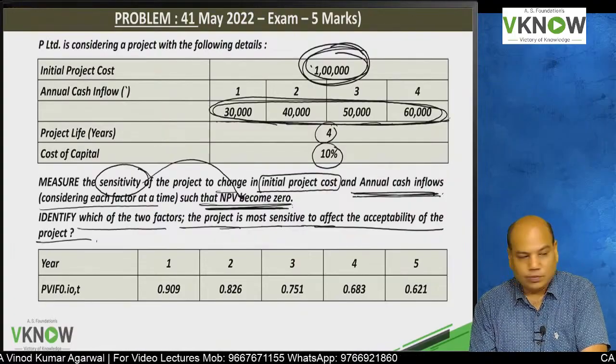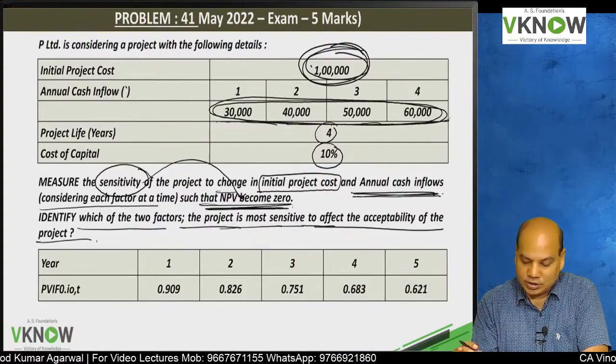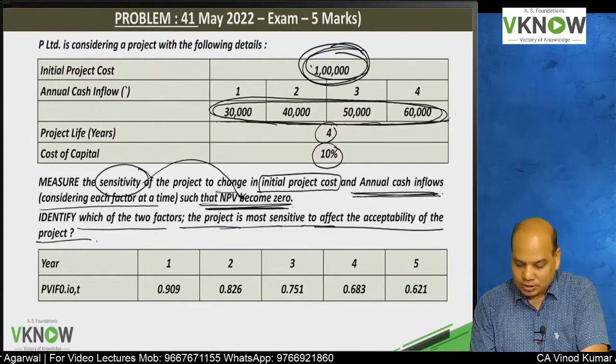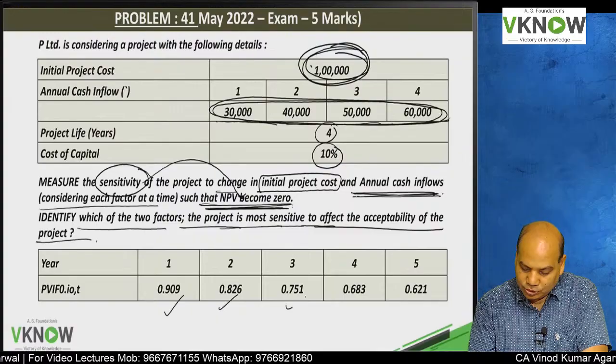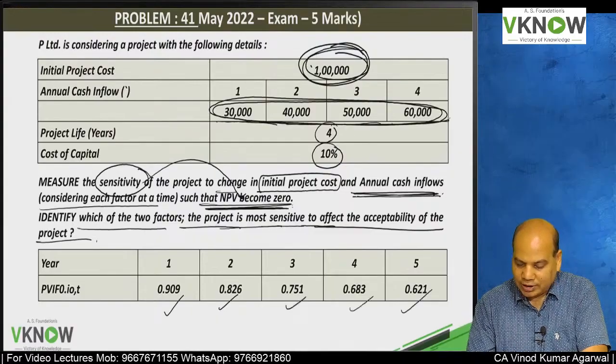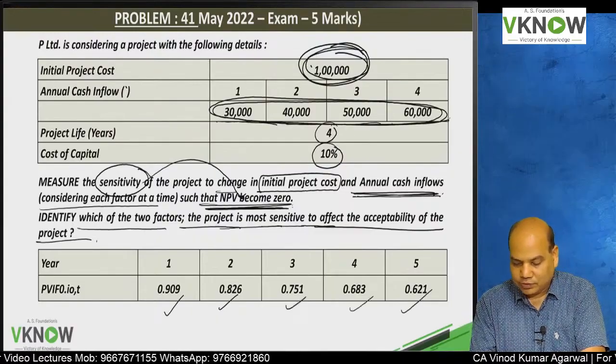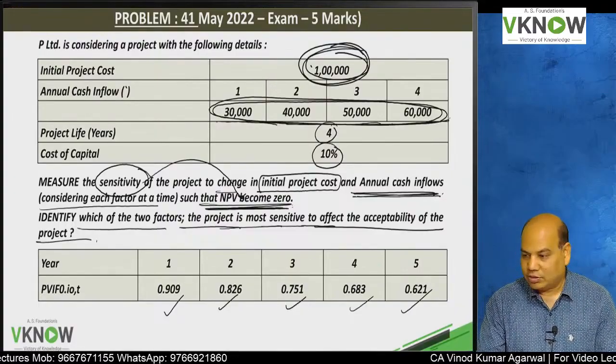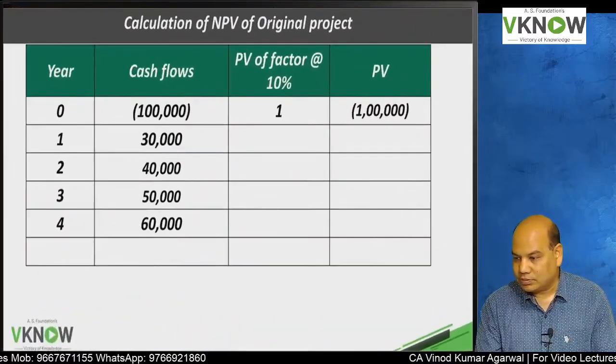So the one which will have lower sensitivity percentage, the project is most sensitive to that variable. Is it right? And to help you, your dear and kind institute has given you factors also. So are you ready to solve this wonderful question?